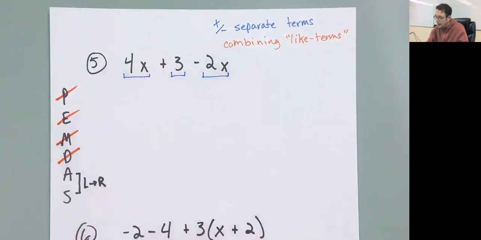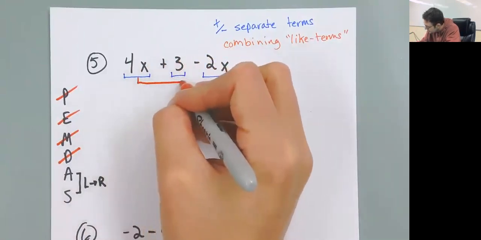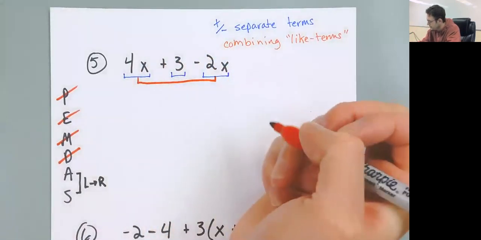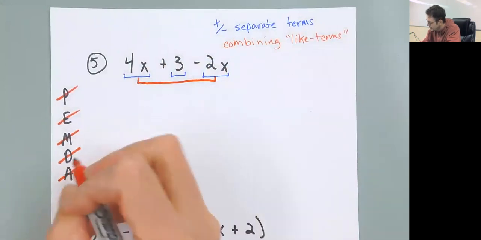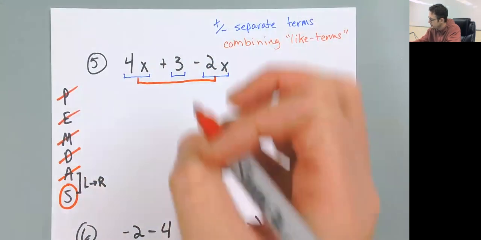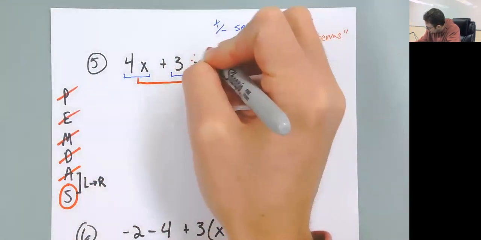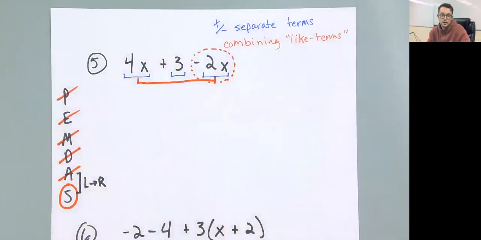What I'm going to combine are these two. So actually, I'm not going to do addition. What I'm going to do is subtraction, because this is a negative 2x. Okay?